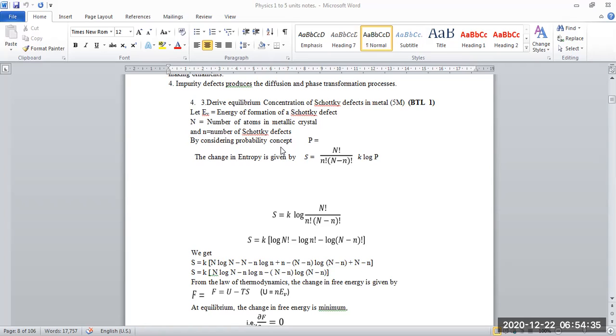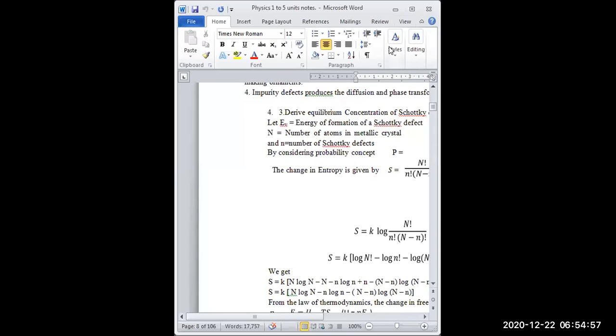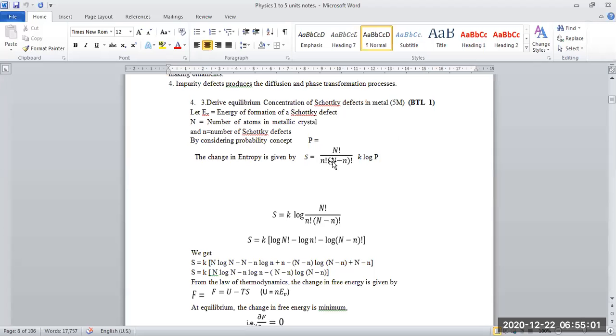So the change in the entropy is given by the formula S is equal to, okay, how many total number of atoms are there in the metal? Capital N is the total number of atoms. So we are representing it as N factorial, which is divided by small n factorial.